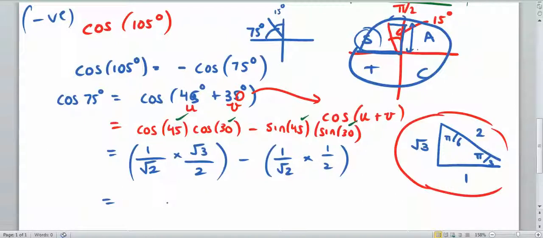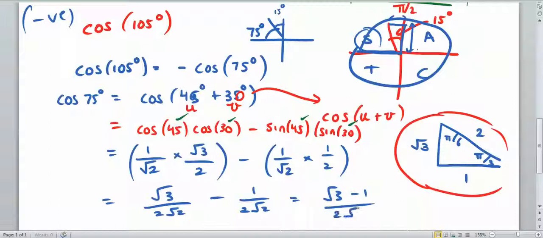Okay, so let's do that. We've got root 3 on 2 root 2 minus 1 over 2 root 2. Okay, so we've got like denominators, so that is equal to root 3 minus 1 over 2 root 2.